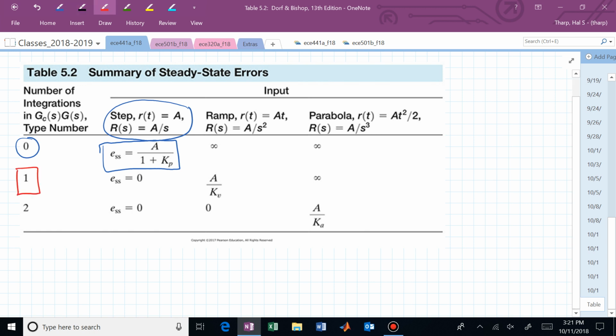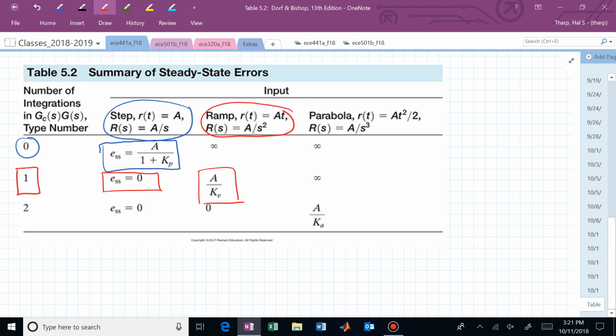When we had a type 1 system, our error due to a constant was 0, but now we had a bounded error due to a ramp input, and that bounded error was a over k sub v, where a was the value of our slope on the ramp waveform.